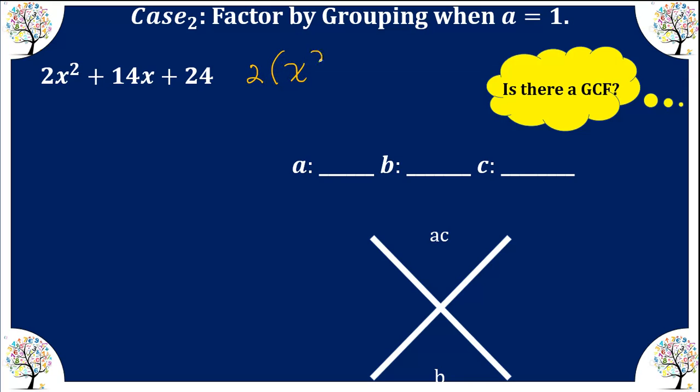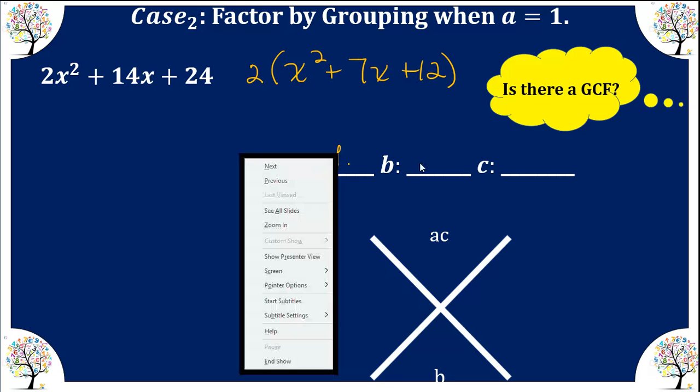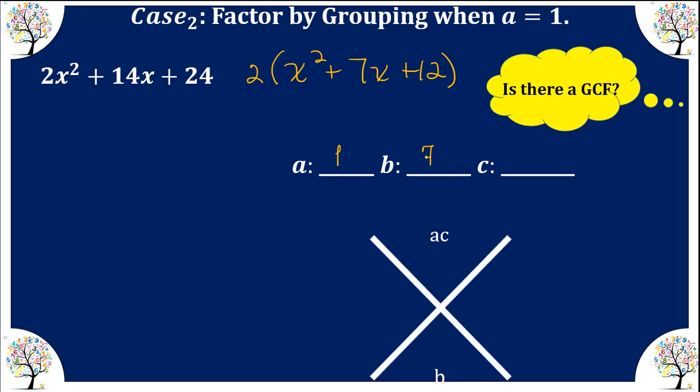And we're left with x squared plus 7x plus 12. So 2 is one of the factors. Now, let's try to factor this trinomial using our graphic organizer. Our a value is now 1, our b value is 7, and our c value is 12.